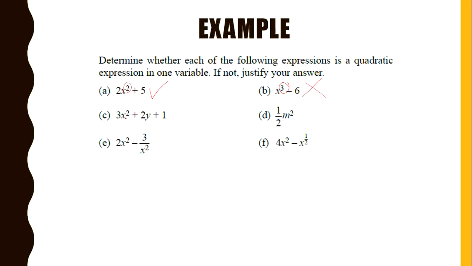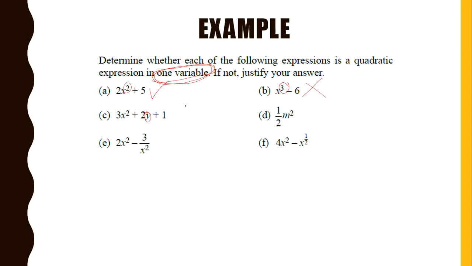Next. Okay, we have 3x squared plus 2y plus 1. Okay, kalau kita tengok, dia punya highest power betul dah 2. But this is not a quadratic expression in one variable. Okay, untuk soalan ni ditanya quadratic expression in one variable. Kenapa salah? Sebab dia bukan ada x sahaja variable dia ada juga y ni. Okay, so salah lah.